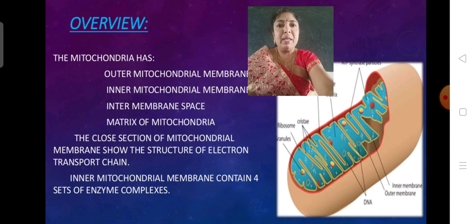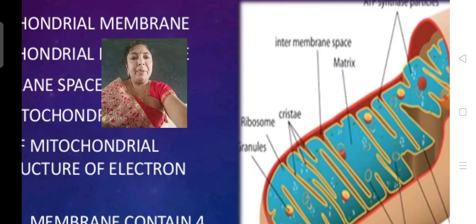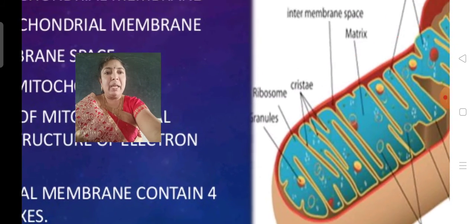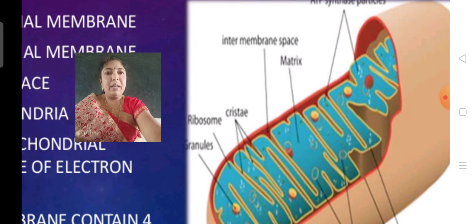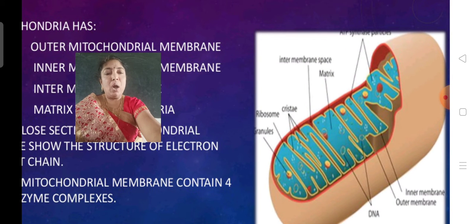Here, see the structure of the mitochondria. Mitochondria consists of an outer membrane and an inner membrane, and the space present between the outer and the inner membrane is the perimitochondrial space, and the center part is the matrix, in which the inner membrane is formed into finger-like projections known as cristae.